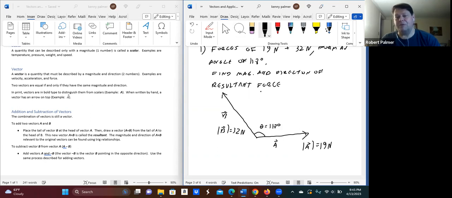Okay. So now if we do our same thing, put our vectors head to tail, as we mentioned, and make a parallelogram. Once again, this is A, this is B. Then our vector A plus B is called the resultant.